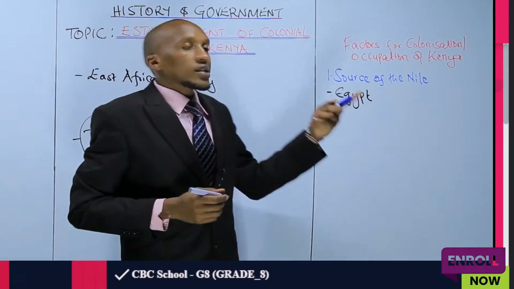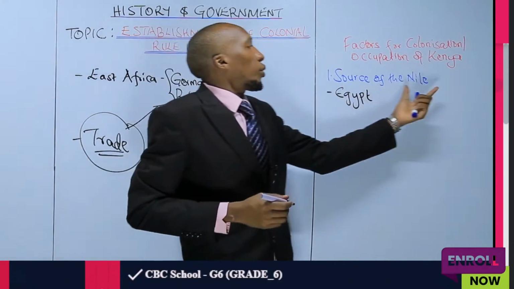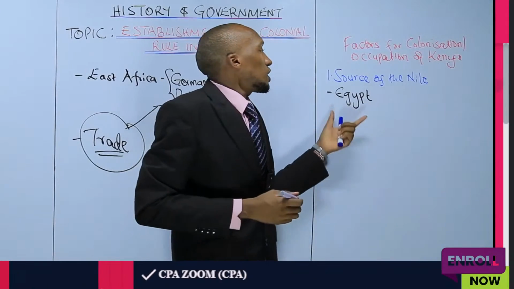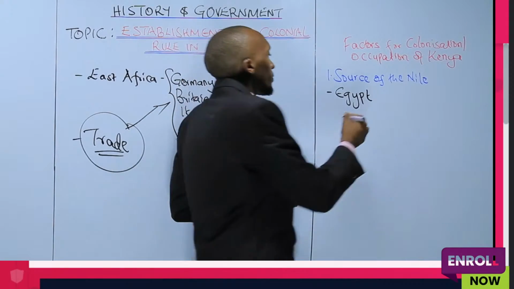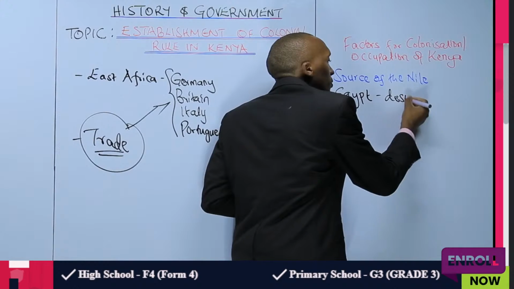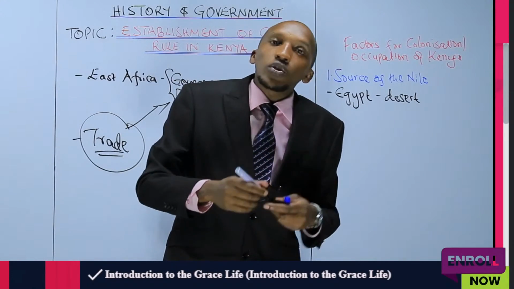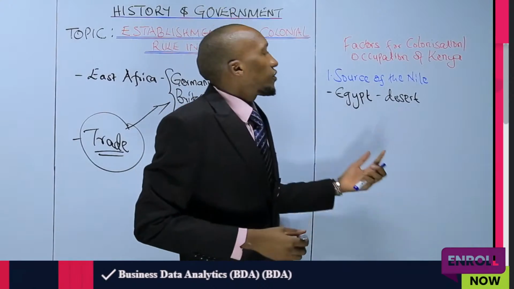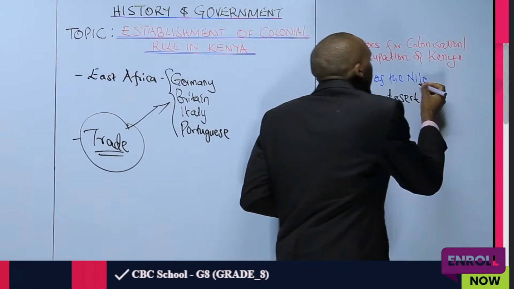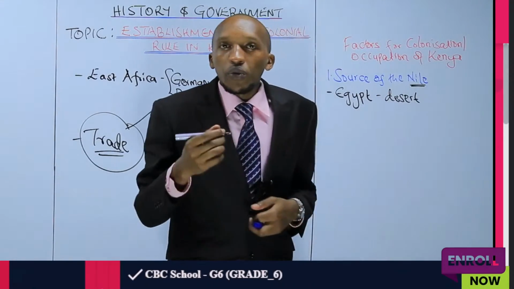So it was necessary for them to secure where the Nile starts because Egypt is a desert. They do not have their own sources of water. They heavily relied on the Nile as a source of water.